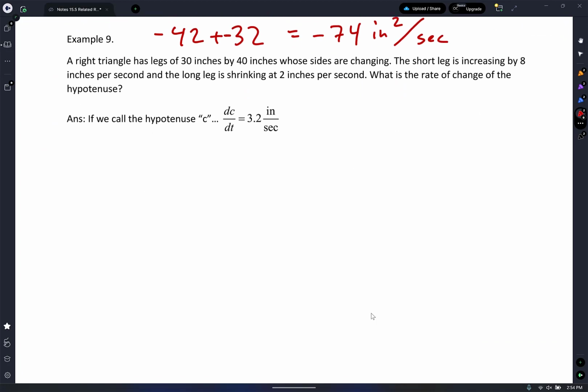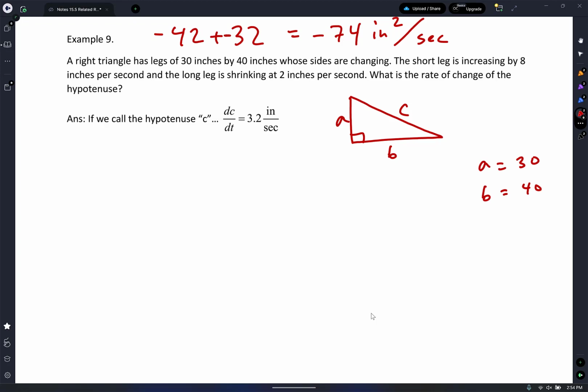Another right triangle. Yeah, because this is the right triangle one. A right triangle has legs of 30 inches by 40 inches whose sides are changing. So that means the sides are getting either bigger or smaller. So I'm going to write a right triangle here. A, B, C. The short leg is increasing. Okay, well, I guess I've got to write first what A is. A is 30, B is 40.